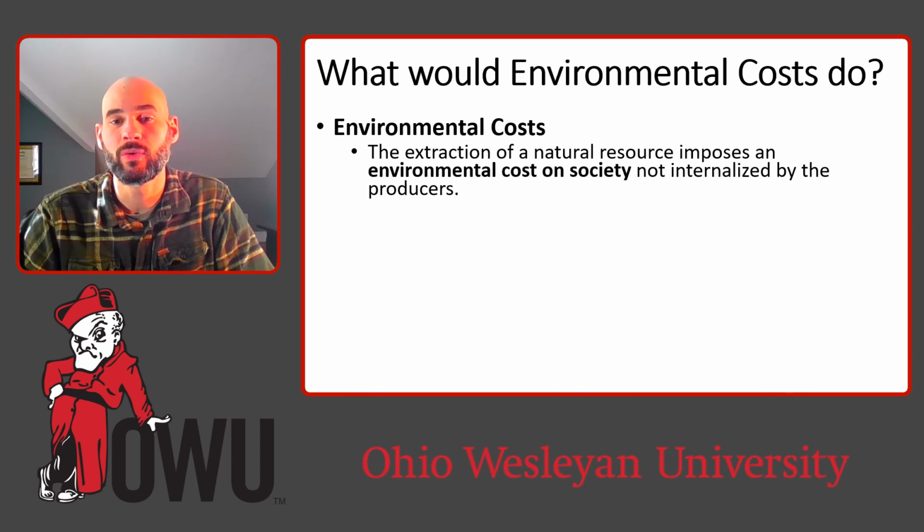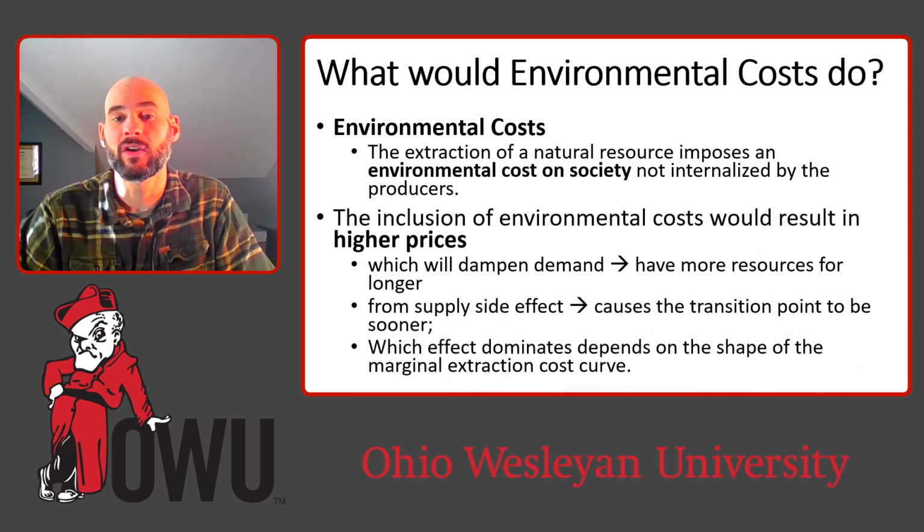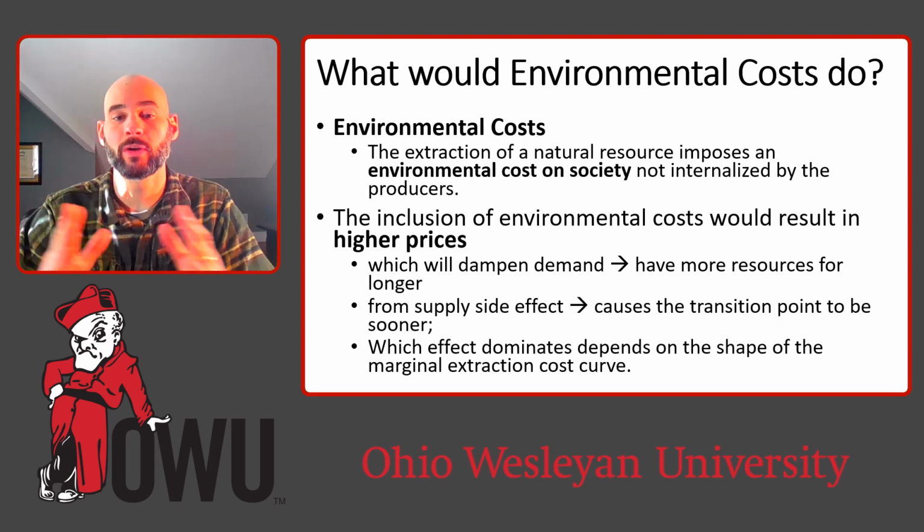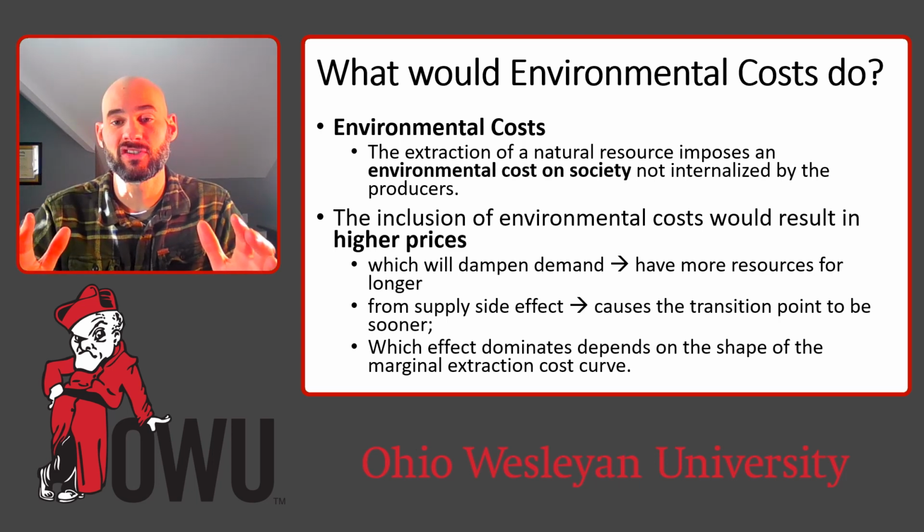And so, if we include the cost of an externality of there being an environmental cost due to the extraction of a natural resource that we could then impose upon producers or have them internalize, then including that environmental cost would result in higher prices for that resource, which would dampen demand, meaning that we're going to have a longer period over which that resource can be extracted, since we're not extracting as much in earlier time periods.